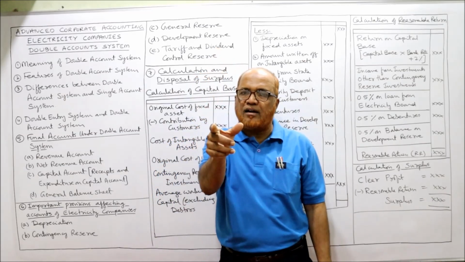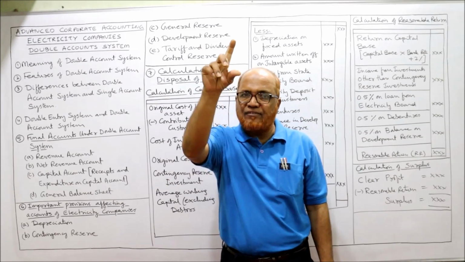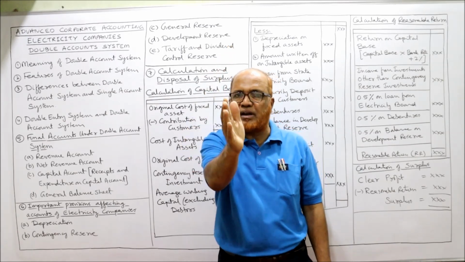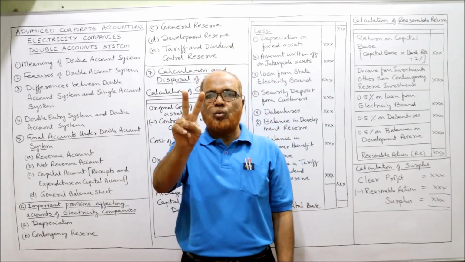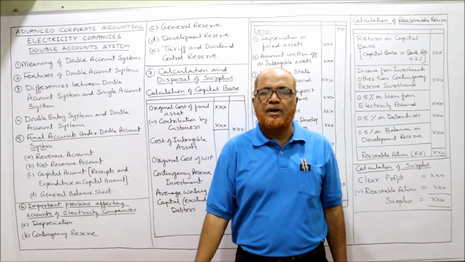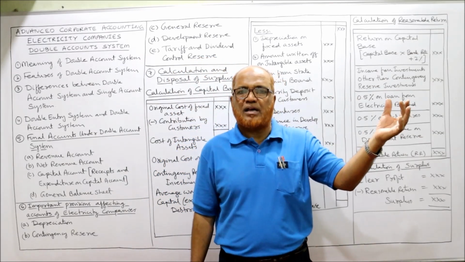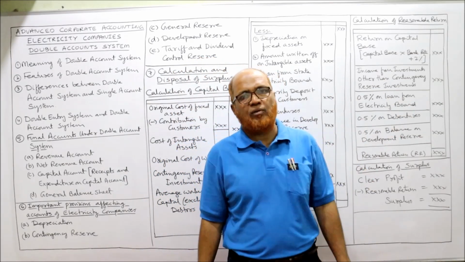Already we have prepared the current year revenue account. The profit or surplus from current year's revenue account will be transferred to net revenue account. So two items will be taken on the credit side: first, balance brought forward from last year, second, current year's balance from revenue account.